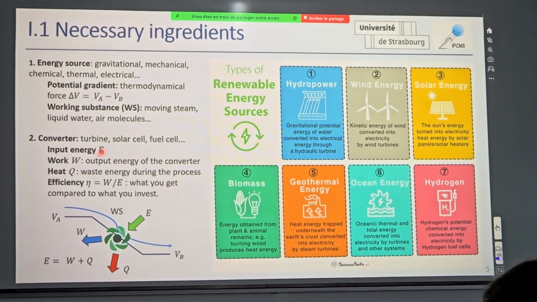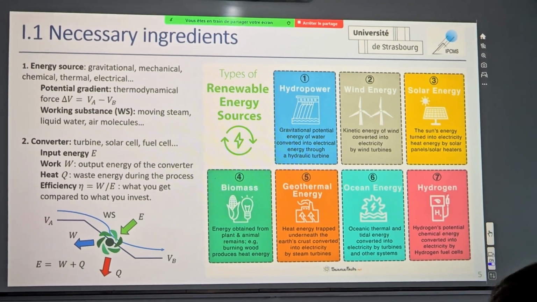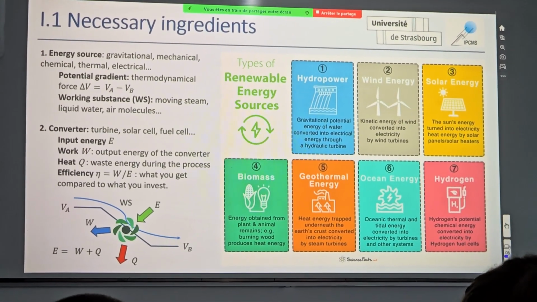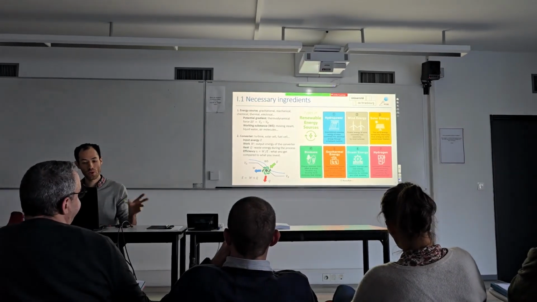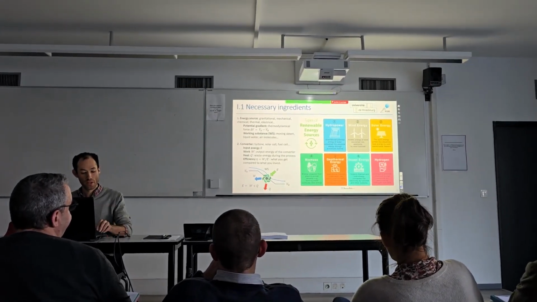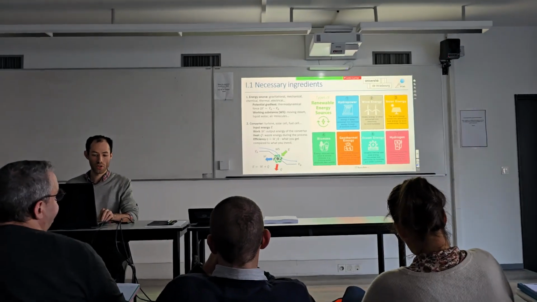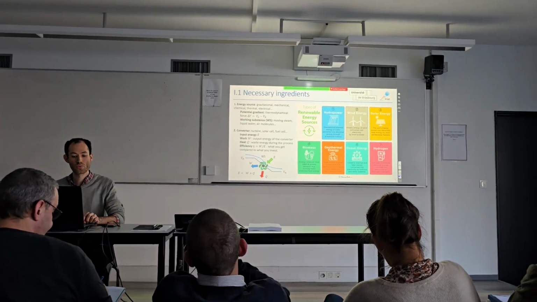And then the converter is used to convert one energy from one form into another form, which is exploitable and from which we can produce a desired action we call work.